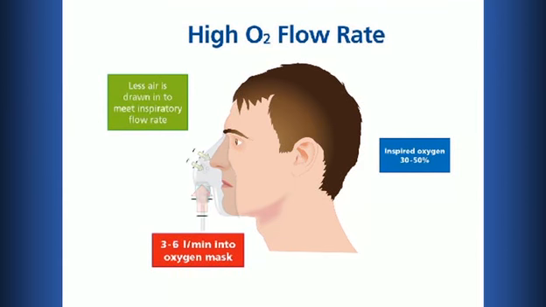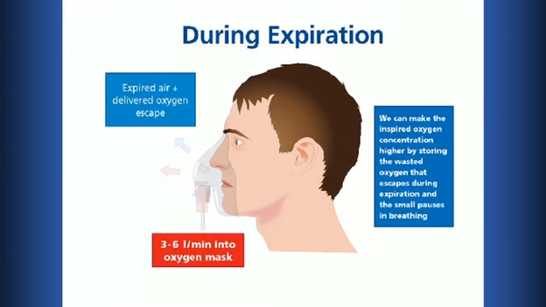Unfortunately, at high flow rates, these simple masks waste a lot of the oxygen because during the pauses before and after inspiration, as well as during expiration, oxygen is not stored, and so as it escapes from the mask, it cannot contribute to the patient's peak inspiratory flow rate during the next intake of breath.